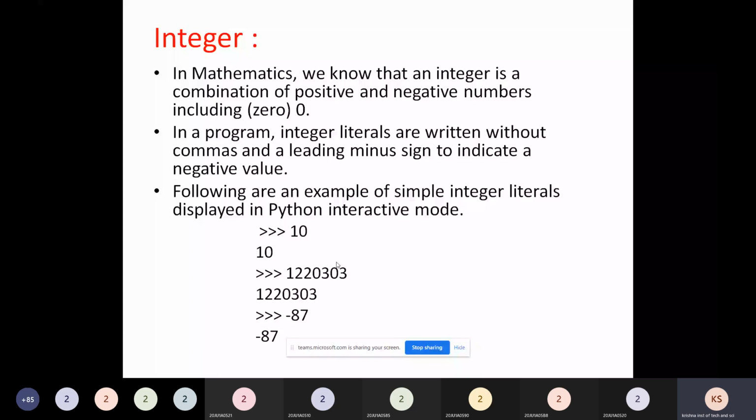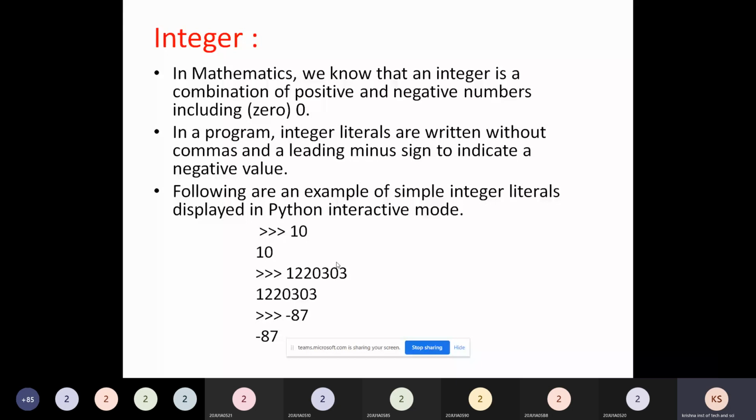After 0 the positive numbers are 1, 2, 3, 4, 5, 6, like that, and before 0 are minus 1, minus 2, minus 3, and so on. So these are the integer numbers.